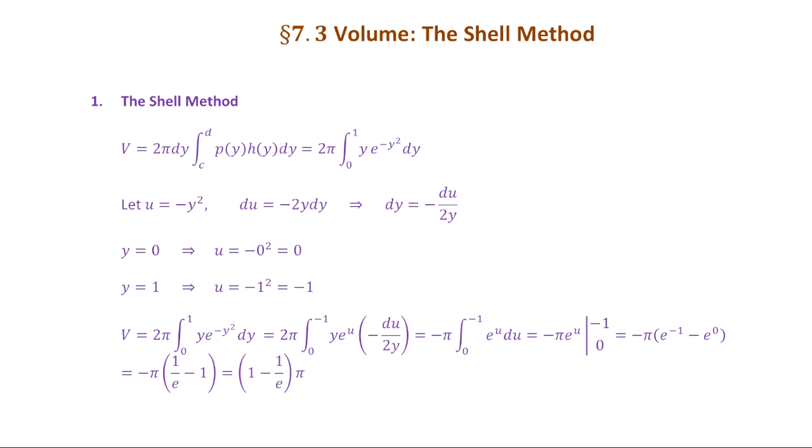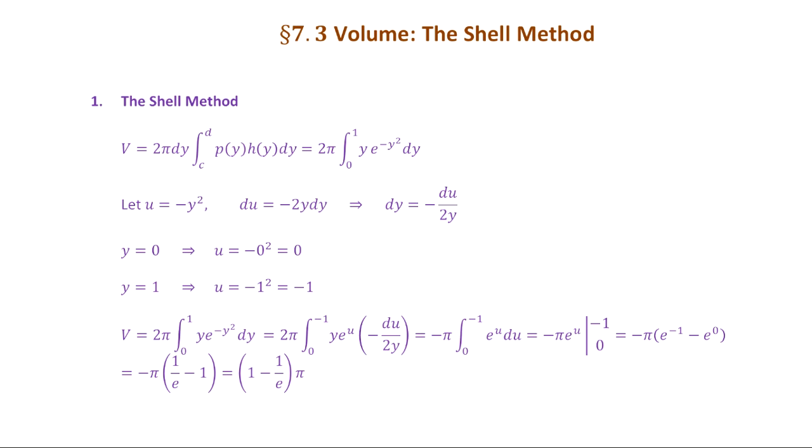Okay, so V equal to 2 pi times the integral from c to d of p of y h of y, which is y times e to the negative y squared, I already had on the last page. So we're going to use substitution, change of variable, let u equal to negative y squared.